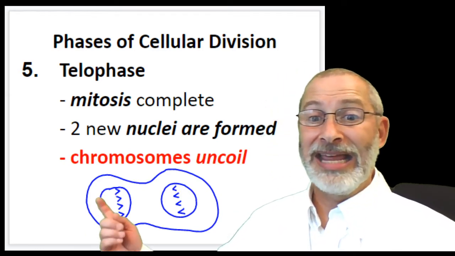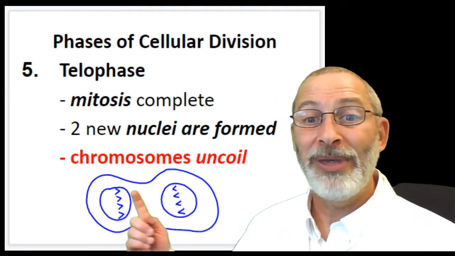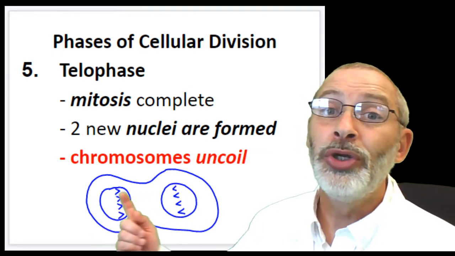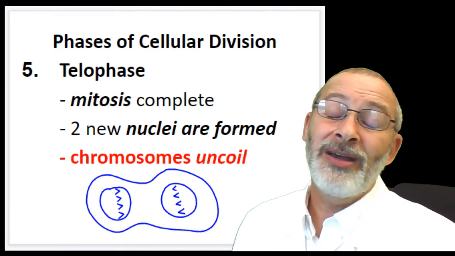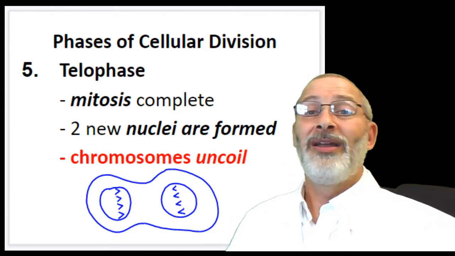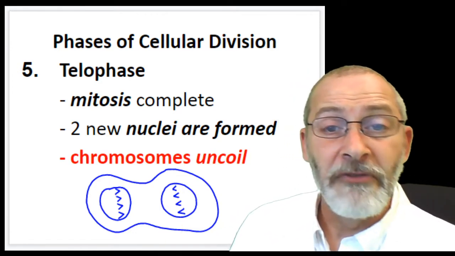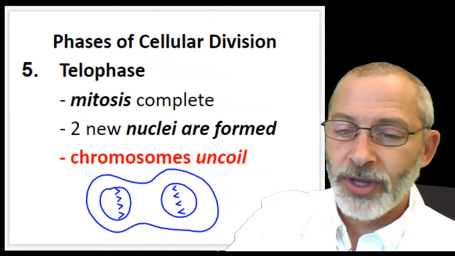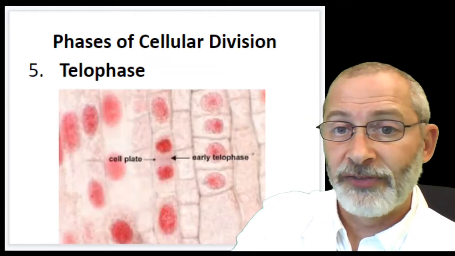They can't dance with their perfect copy anymore because they are completely separated into new nuclei. So they can uncoil, relax a little bit, unfurl, unwind. So chromosomes uncoil during telophase.